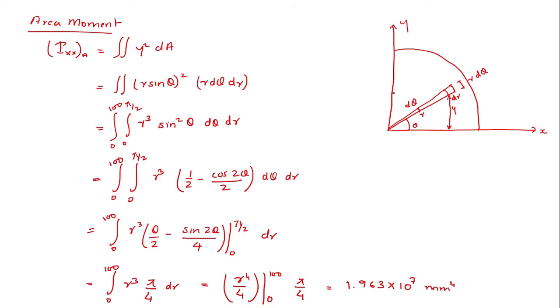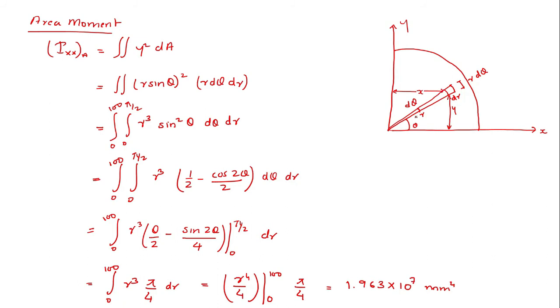Okay, that is also I am finding the area moment. Now Ixy, as you know, I can give it as double integral x into y into dA is equal to x. If you go to the previous one, this is the distance x.